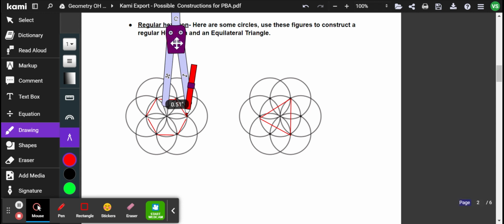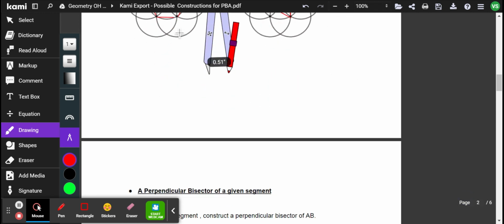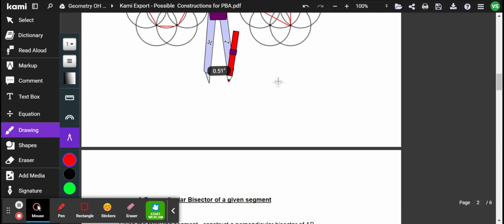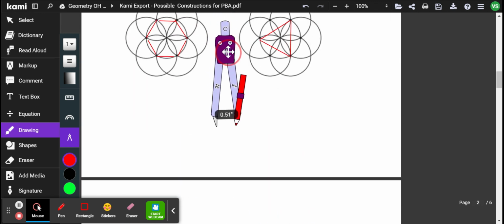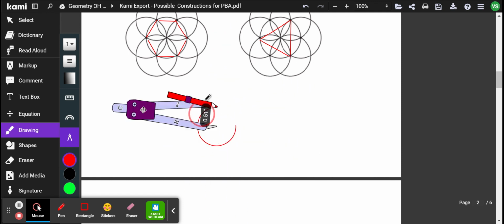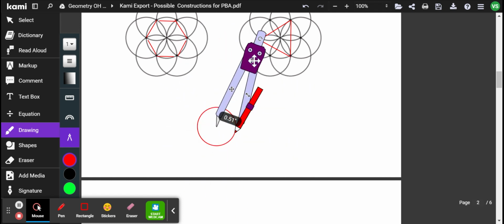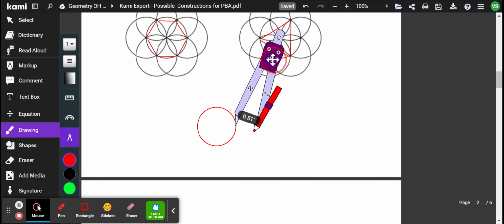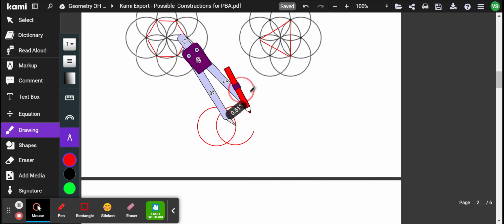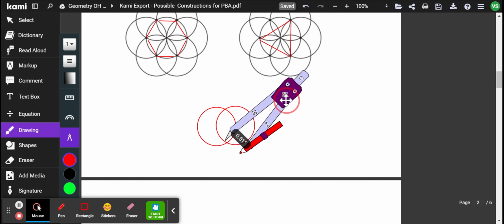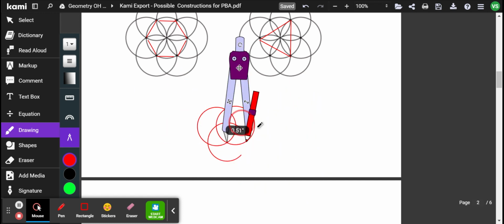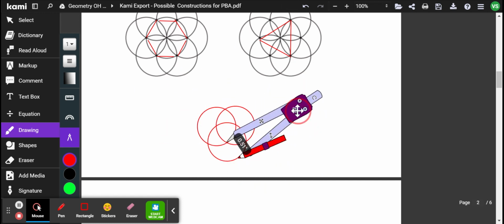Yeah, it's about that. So how those circles were made, you would get a center of a circle there. You make one circle, then you make another circle, and then at this intersection, you come over here and make another circle, right? I'm just reproducing those circles that we have up there.